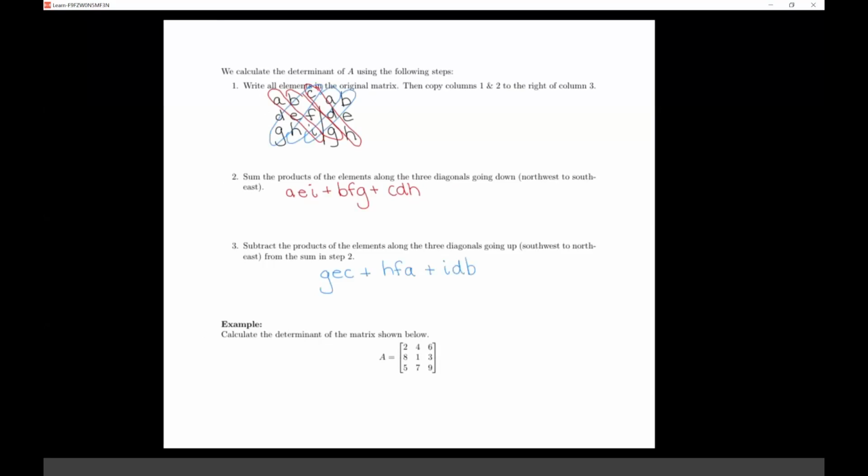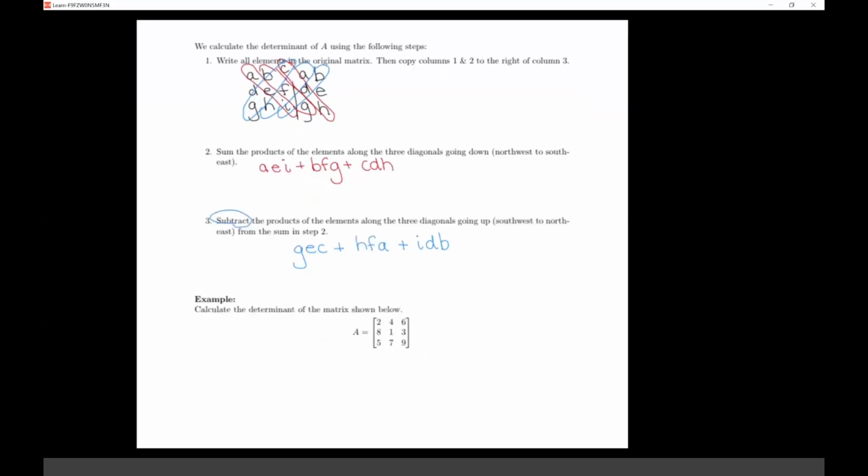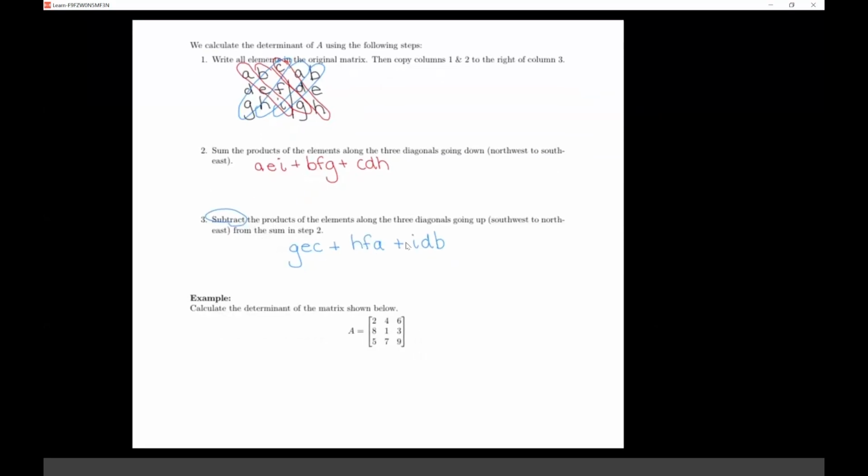So you first form your downward diagonals going from left down to the lower right, by multiplying the numbers in those diagonals. And then you subtract the products from the diagonals going up. So that's the overall structure of it.